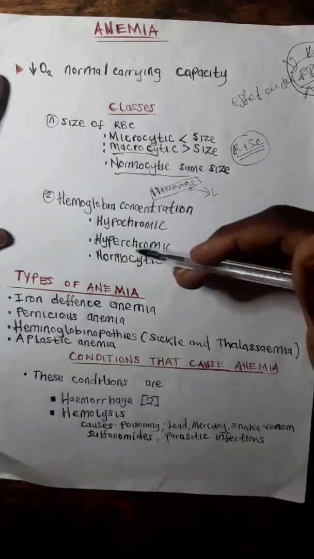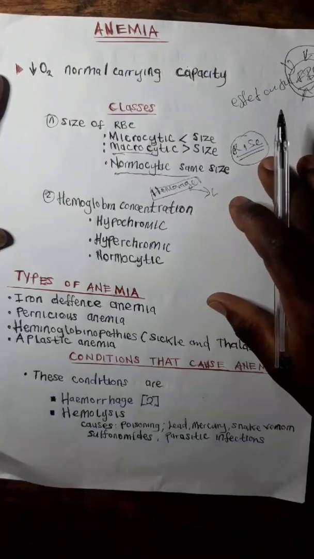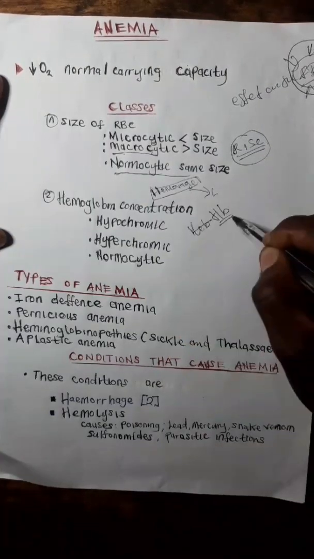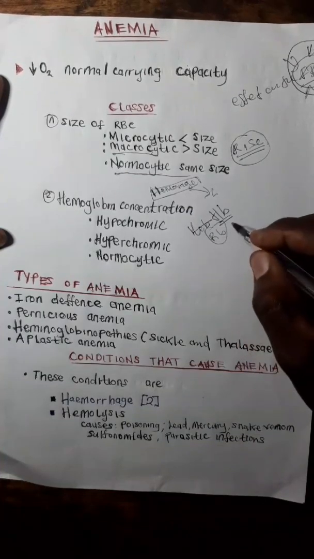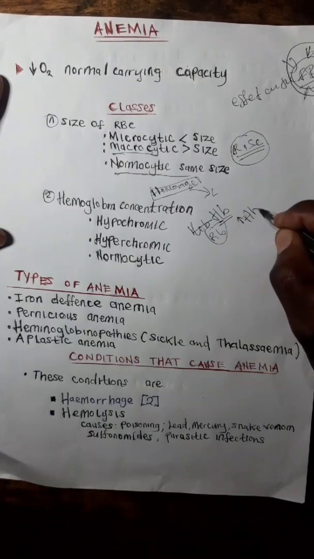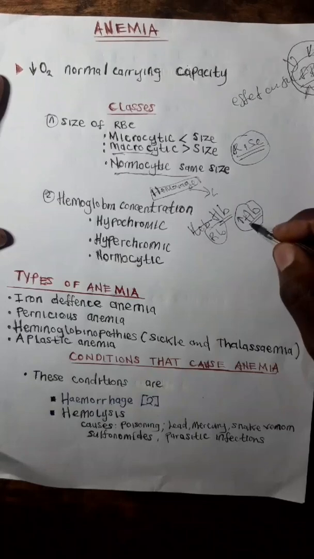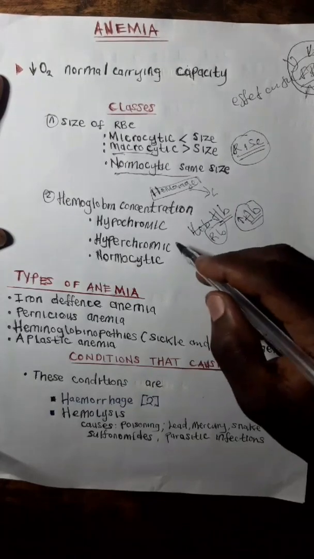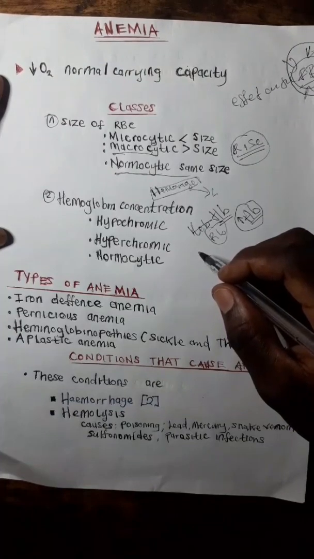So next, it is the hemoglobin concentration. We know that the hemoglobin gives color to the red blood cell. So when there is too much hemoglobin in the red blood cells than the normal, what can it cause? It can cause the hyperchromic type of red blood cells.